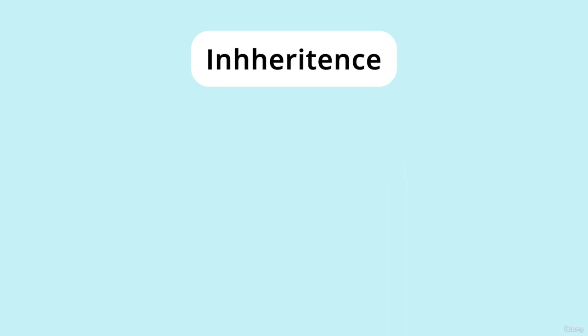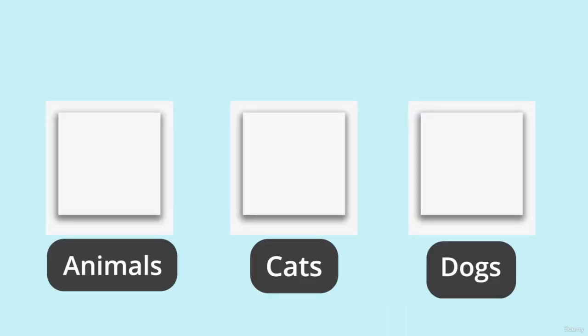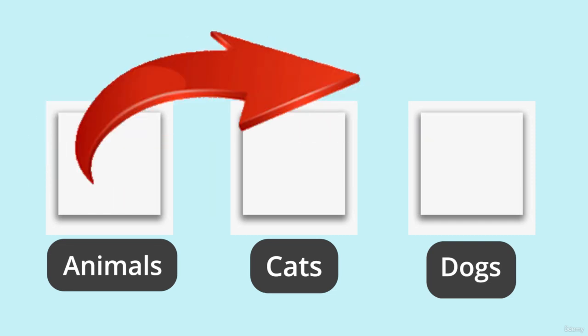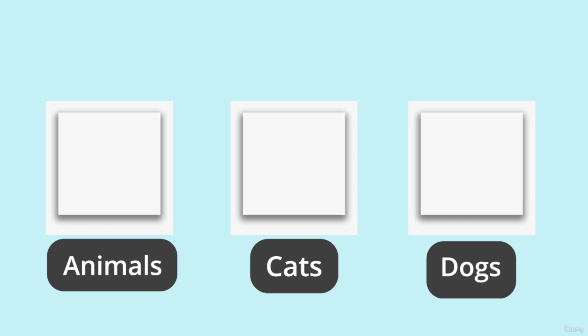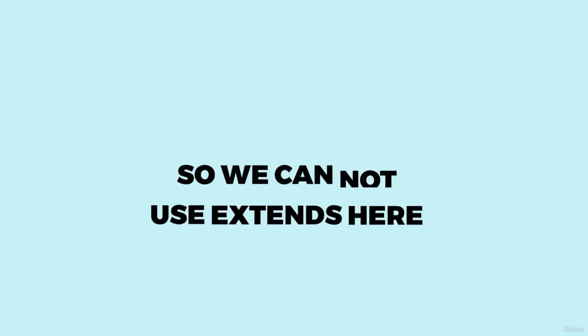But what if we wanted to access the elements of both cats and dogs from the animals class? Of course, we wouldn't be able to do it, as it's possible to access only one class at a time with extends. To solve this issue, we have mixins.